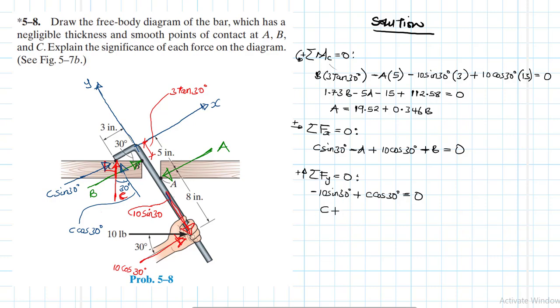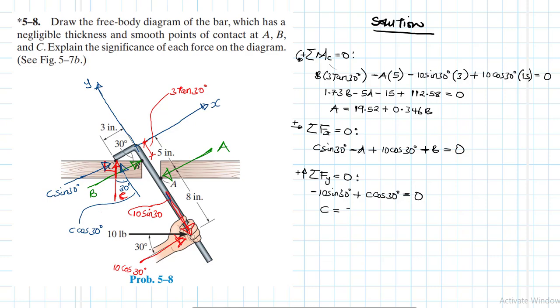So this makes even the work easier. Therefore, my C is just going to be equal to 10 sine 30 divided by cos 30. Is that so?